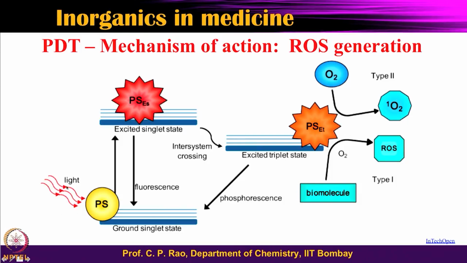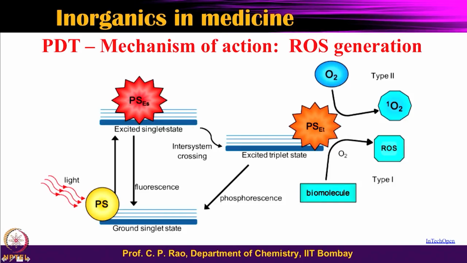Now, this photosensitizer is shone with light of the appropriate wavelength, then it will make an electronic transition to the excited state, and it could be any of these vibrational states. And from these vibrational states, it can return back to the zero vibrational state and release the energy in the form of fluorescence, or in some cases it can even go into an intersystem crossing.